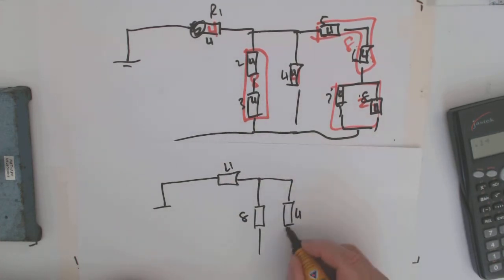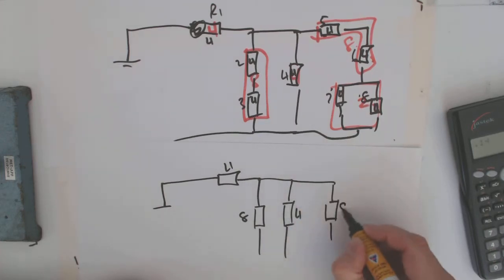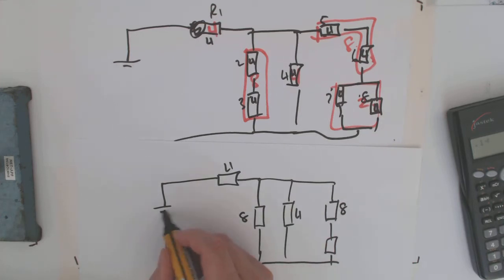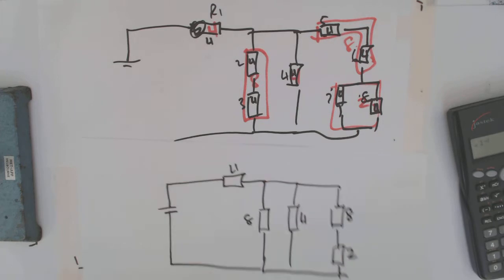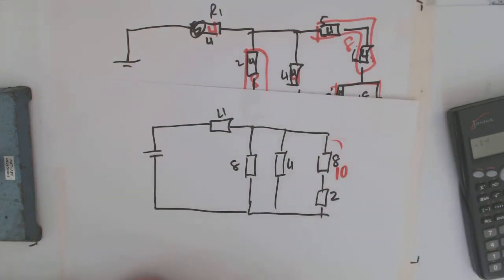I've still got my 4 there. I've got 8 here now, and I've got 2 here now. And these are all connected like this. So I've definitely made some progress. What can I do with these? That one was 2. Now these 2 are connected together, so I can make those 10.